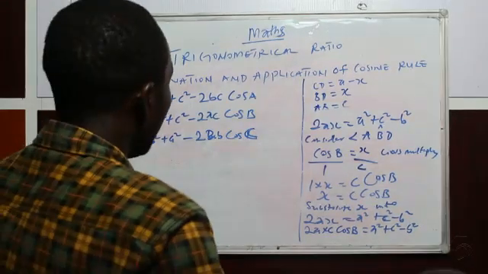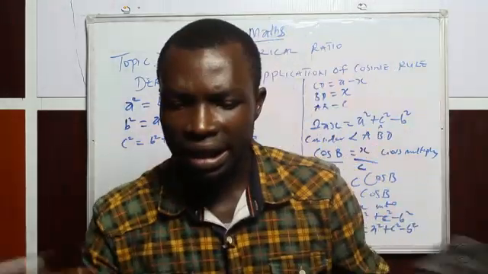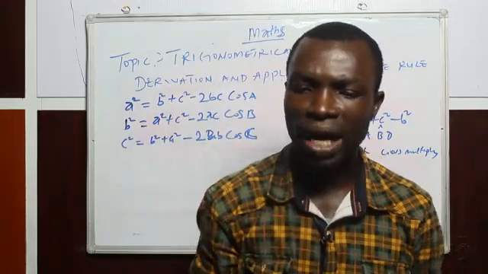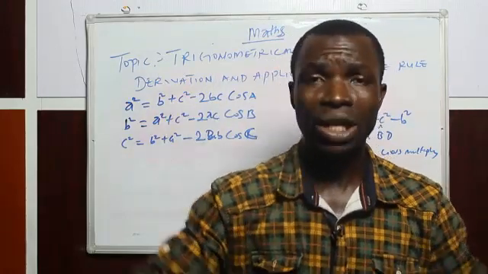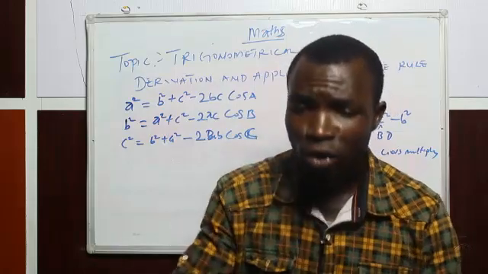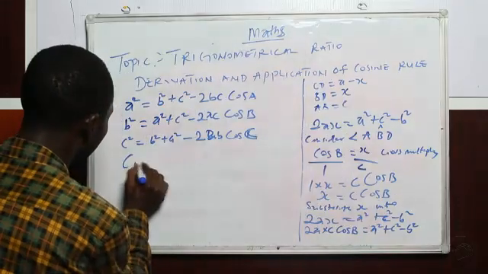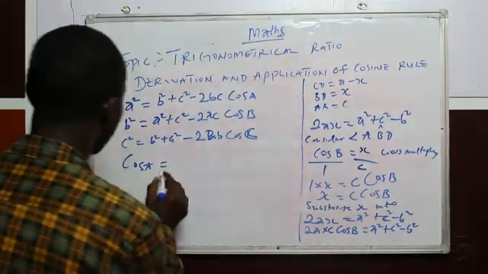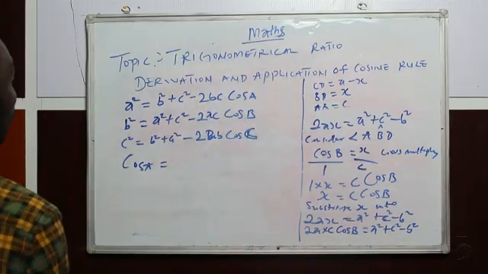And it's very easy for us to find our angle because the sides have been known in this type of triangle. We can also find our cos, that is the angle inside the triangle. And how do we find it? Let's go there. Cos A is equal to what? You just make cos A the subject of the formula.